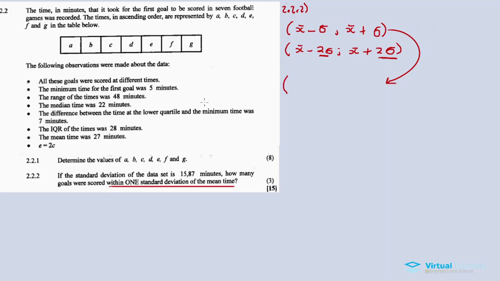We want to know how many goals were scored within 1 standard deviation. So what's the mean? The mean they gave us is 27 minutes, so it's 27 minus the standard deviation of 15.87, and this is sort of the lower extreme of your 1 standard deviation, and then 27 plus 15.87, the higher extreme.